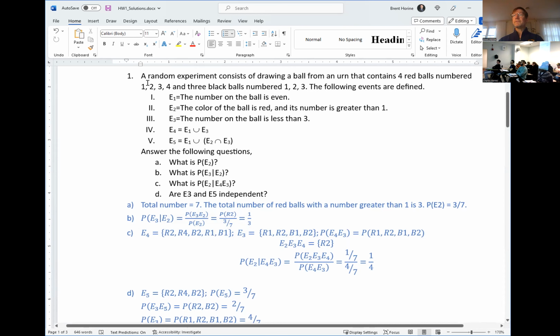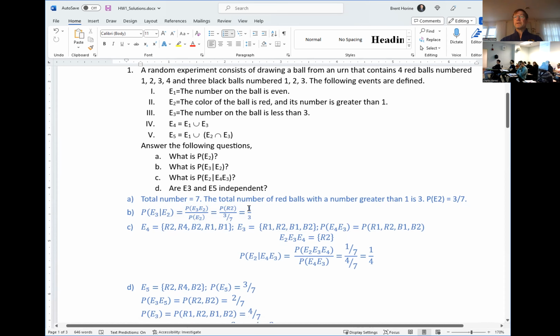Well, there's only one event that satisfies that, and that's a red 2 ball, right? So the probability of drawing a red 2 ball, there's only one of those, so that's 1/7. But the probability of E2 is 3/7, so it's really 1/7 divided by 3/7, and the 7s cancel out, so you have 1/3 there, right?